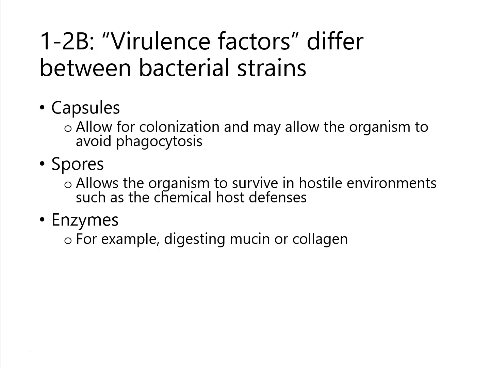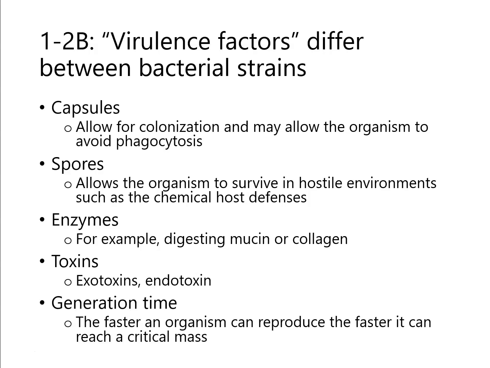There are a lot of different enzymes bacteria will make that they use to directly attack immune cells or to release toxins. So toxins would directly attack the host and cause dysfunctions in the host that could be exploited by bacteria. And then the faster organisms grow, the faster they can reach overwhelming numbers that can defeat the immune response.